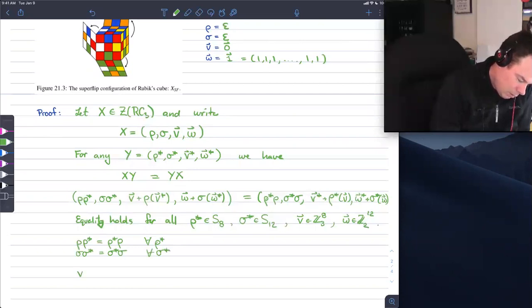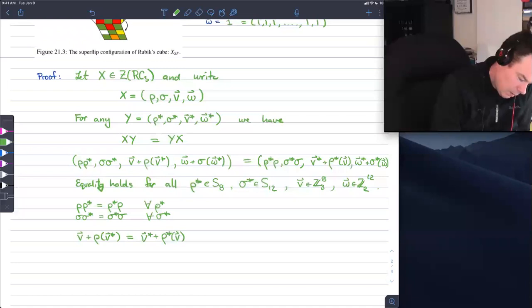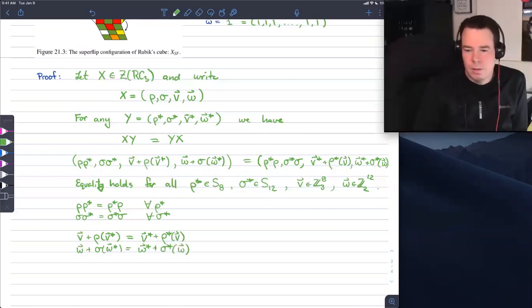And the other two cases: v plus rho v star is equal to v star plus rho star v, and w plus sigma w star is equal to w star plus sigma star w. So those are comparing the four components.